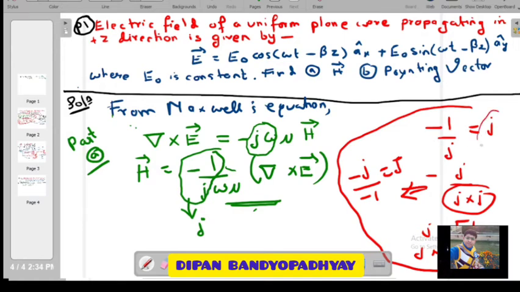This j term we will see later introduces a phase, a plus 90 degree phase. So H equals j by omega mu times the curl of E.